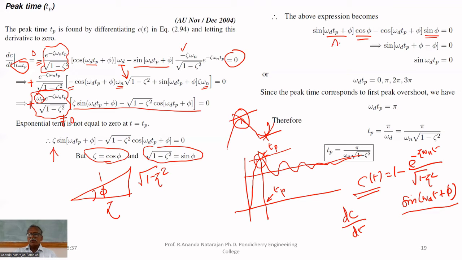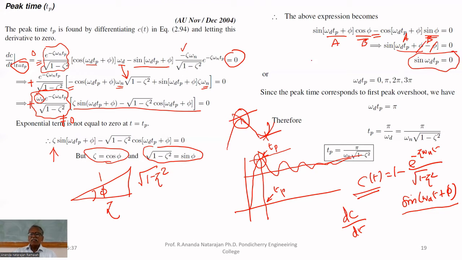So this is what? Sine A cos B plus cos A sine B. Therefore, sine A plus B. Sorry, the minus sign is here. Therefore, sine A minus B. Here B is phi. Therefore, A is omega d tp plus phi, minus phi. Phi gets cancelled. Therefore, sine omega d tp equal to 0.